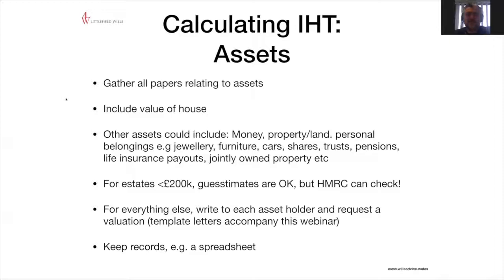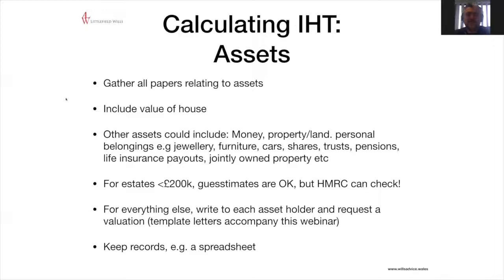Or difficulty anyway. Other assets I've listed there: money, property stroke land, personal belongings such as jewellery, furniture, cars, shares, trusts, pensions, life insurance, jointly owned property, anything really which belongs to the deceased has potential value.